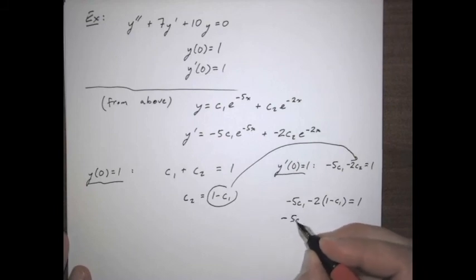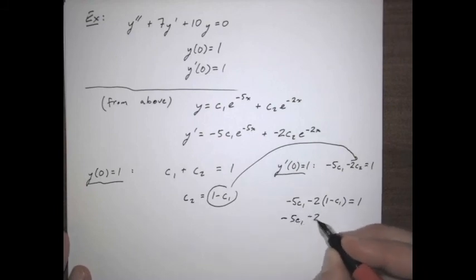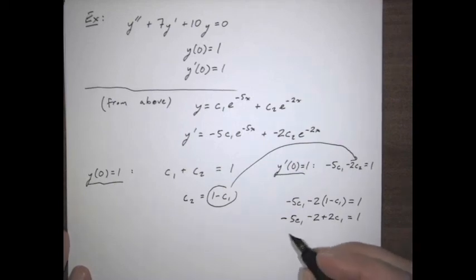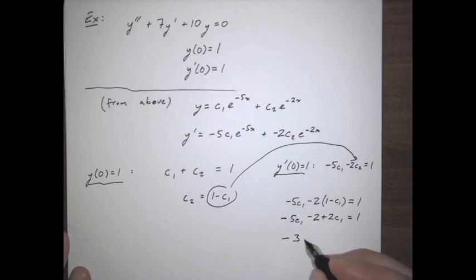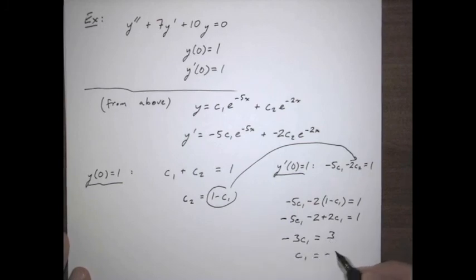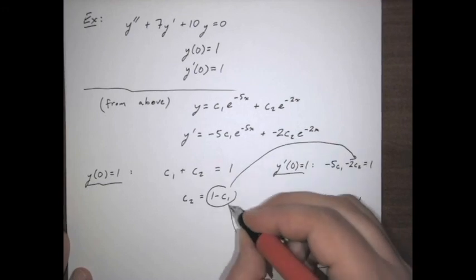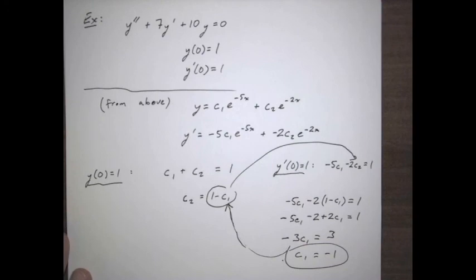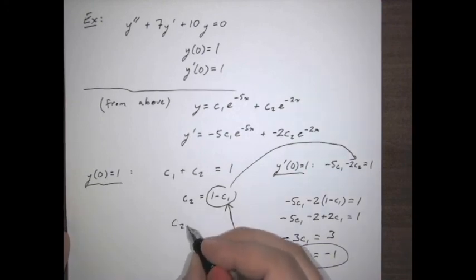So negative 5 C1 minus 2 plus 2 C1 equals 1. And then combine like terms, add that over there. We're going to get negative 3 C1 is equal to 3, which means C1 is equal to negative 1, which means then if we were to plug this value back in over here, sorry, my pen's running out of ink.